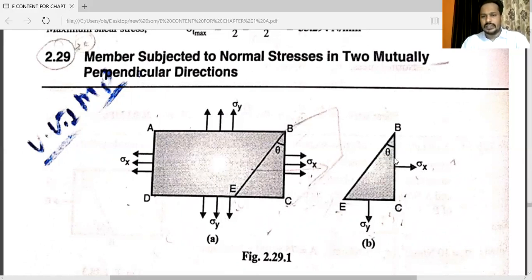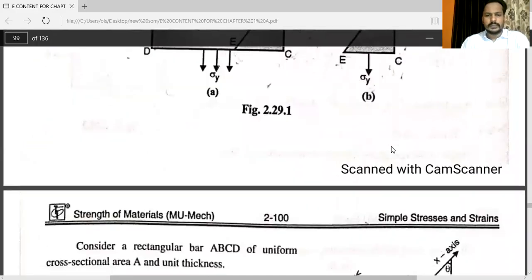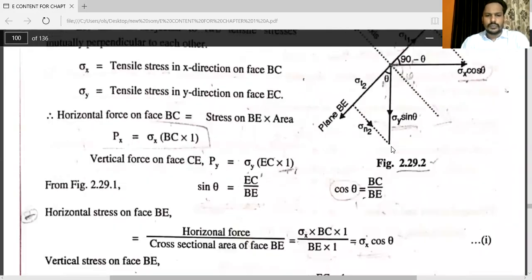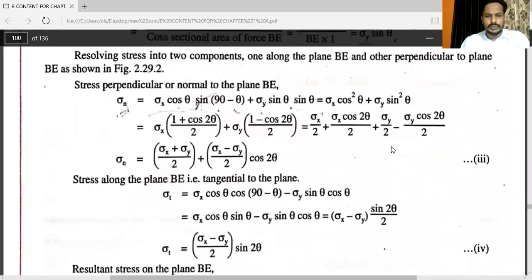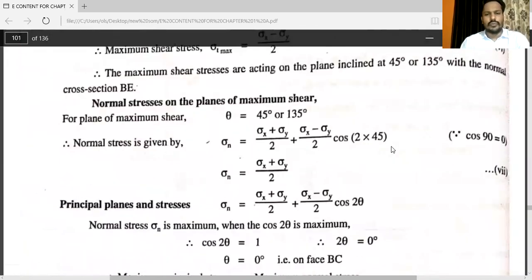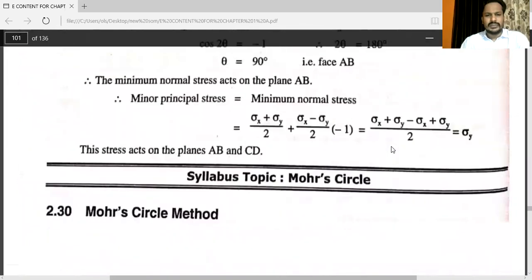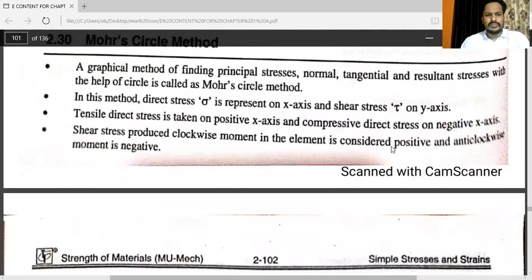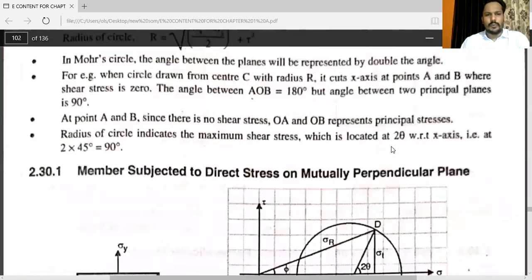The angle is theta. Planes are given. Here I am not explaining the detailed derivations, just giving you the list of formulas.